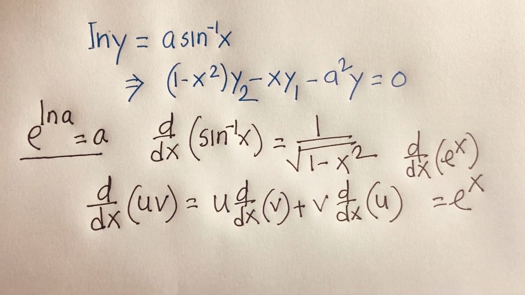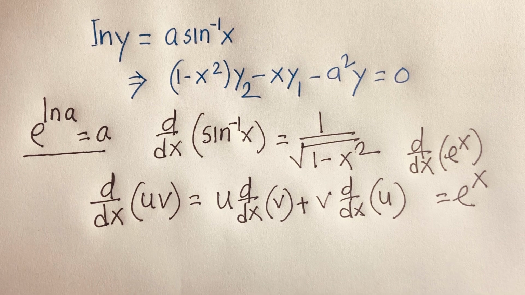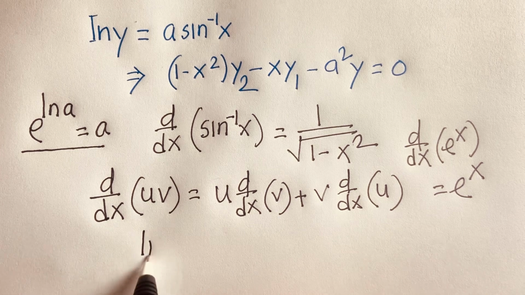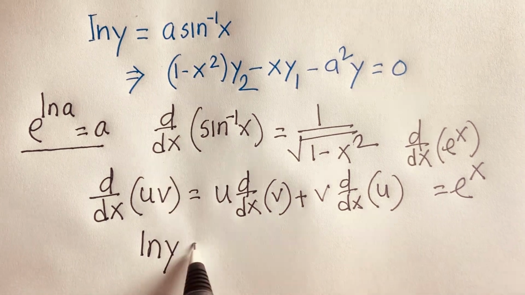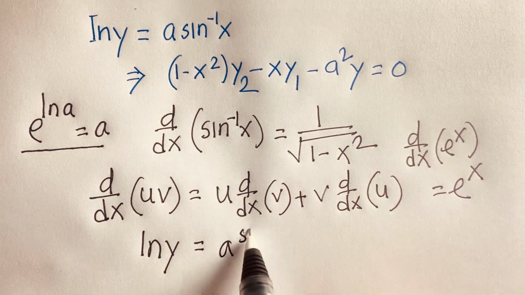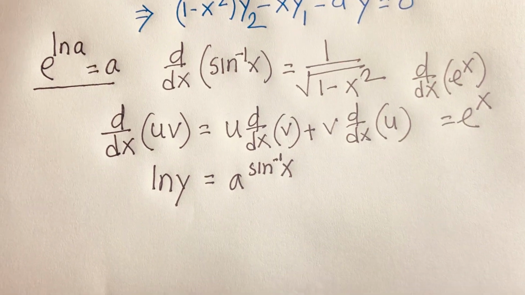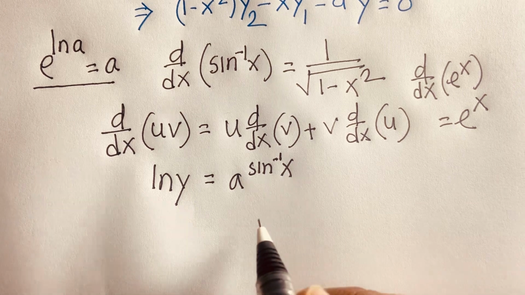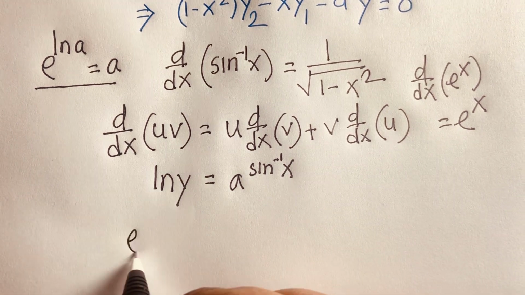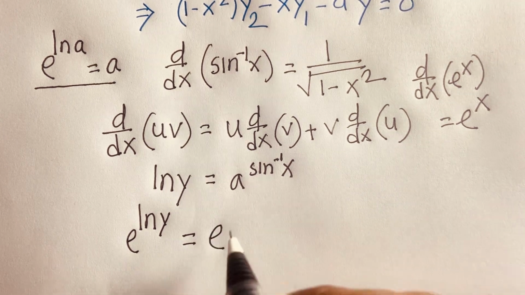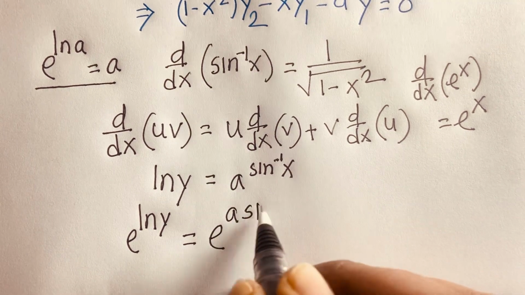At this moment, if I solve this question, our question is ln y is equal to a sin inverse x. Then if I use e on both sides, I can say e to the power ln y is equal to e to the power a sin inverse x.